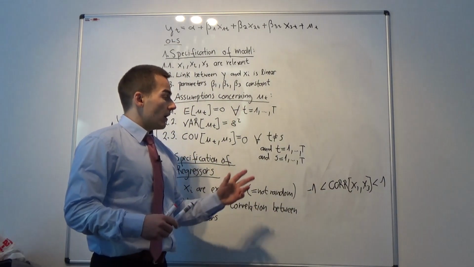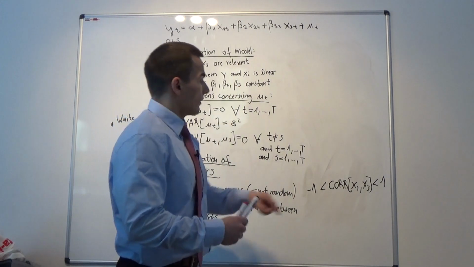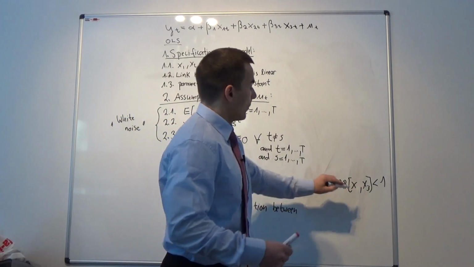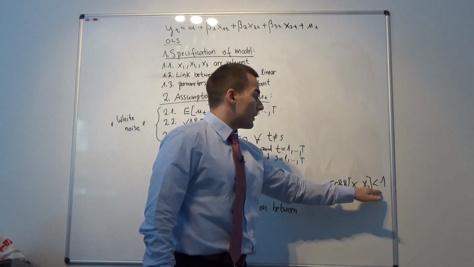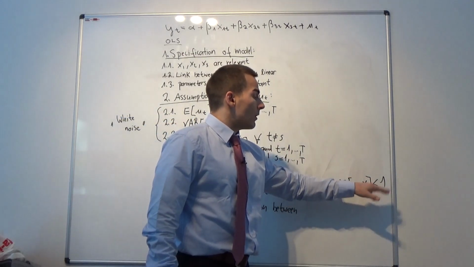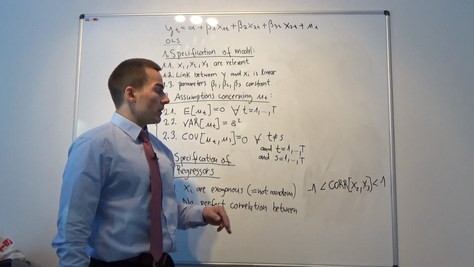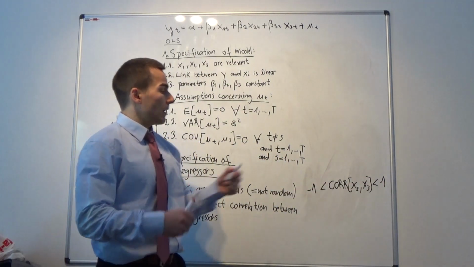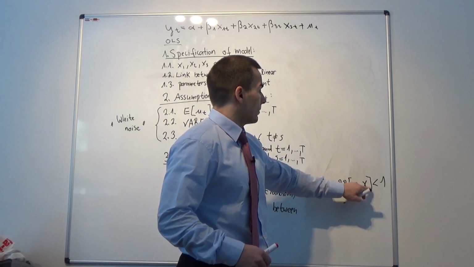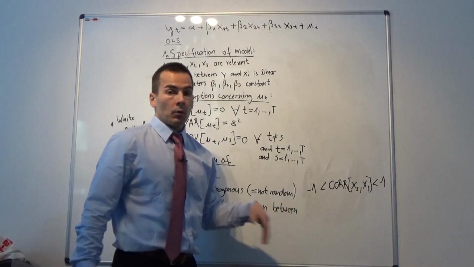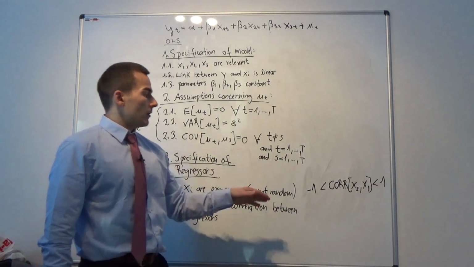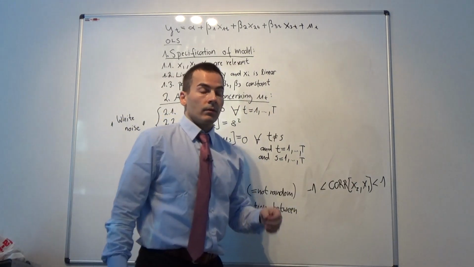And in the same way, the correlation between the second regressor and our third regressor should be clearly below 1 and larger than -1. And the same obviously for the correlation between the regressor x2 and x1, it should also be in the interval between -1 and 1.